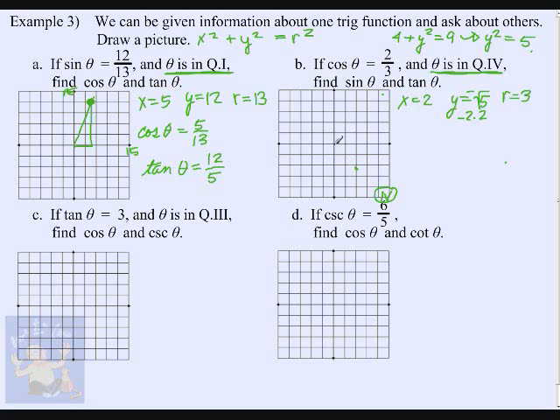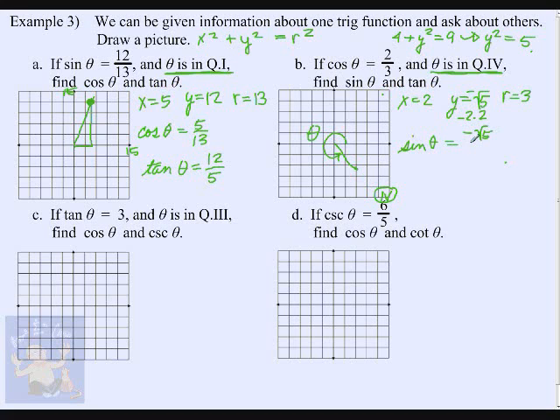I don't know, this could be my theta. I don't know what theta is here. But I can figure out what the sine is. The sine of theta is going to be negative square root of 5 over 3.